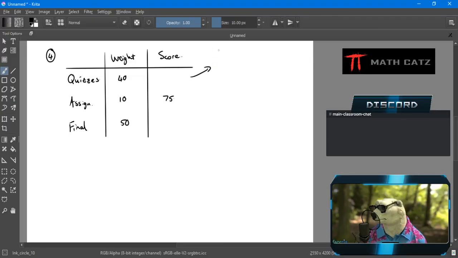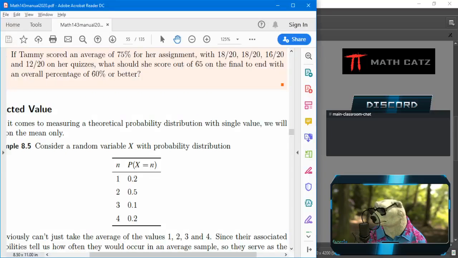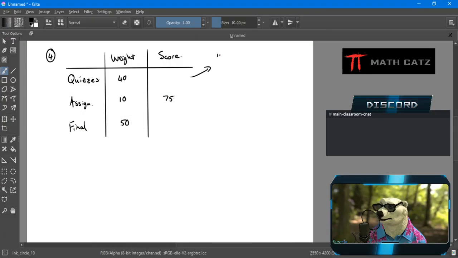A safer way is to convert each one, 18 out of 20, 18 out of 20, 16 out of 20, 12 out of 20, to a percentage. And I certainly have to do that if I have quizzes with different totals. So in order to be as general as possible, let's just do it that way. But because the totals are all 20, there are shortcuts.